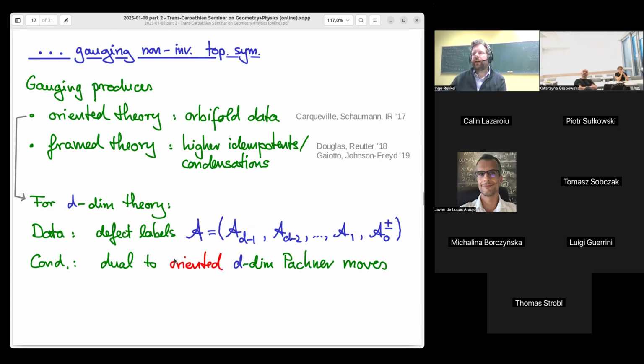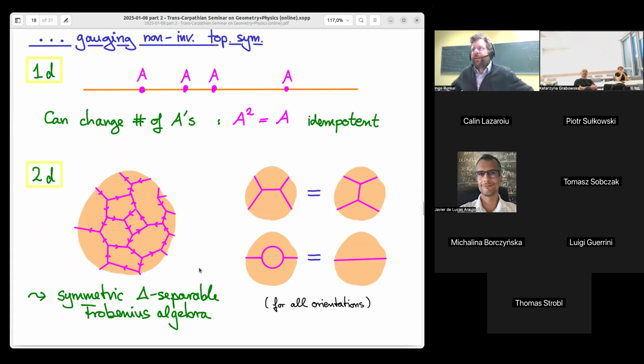And the conditions are that the configurations have to be invariant under Pachner moves, or because I work with something dual to triangulations, dual Pachner moves. And because all my defects will be oriented, these Pachner moves are also oriented. Again, technical detail.